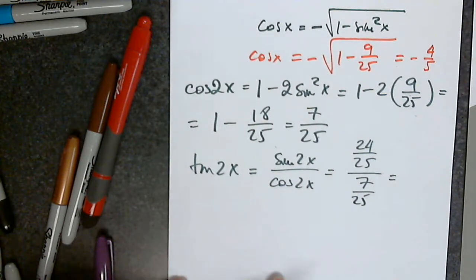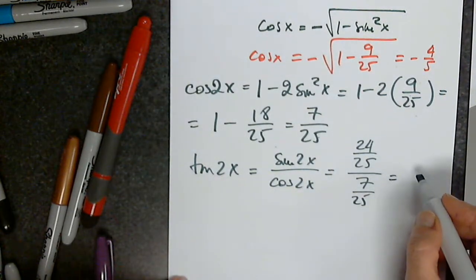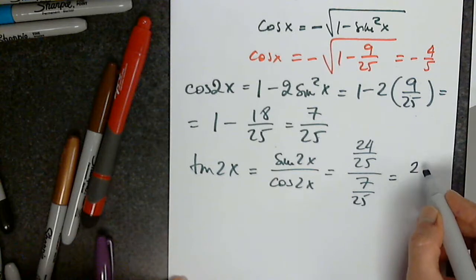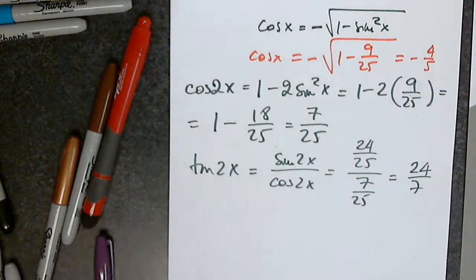Therefore, the answer is very good. So find sine 2x, cosine 2x, and tangent 2x from the given information. Is that clear? Are we in agreement? Yes or no?